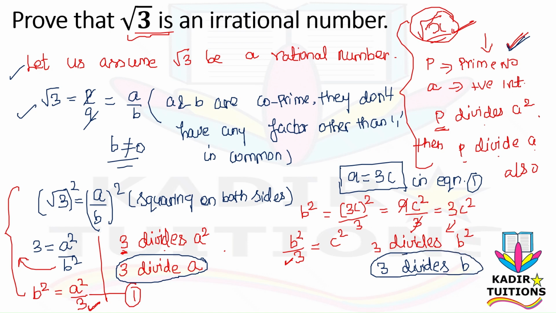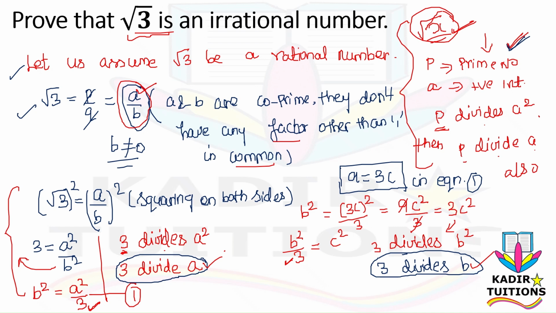But initially we defined a and b as co-prime, so they don't have any common factor. But now we have shown that a has a common factor 3 and b also has a common factor 3. So both a and b have a common factor 3. But this contradicts the fact that a and b don't have any common factor other than 1.